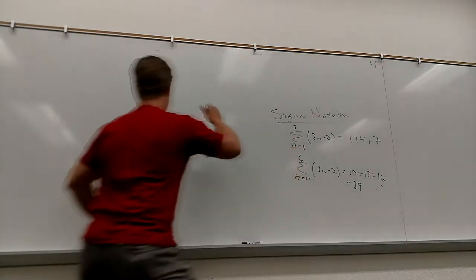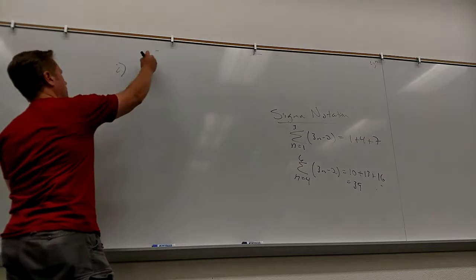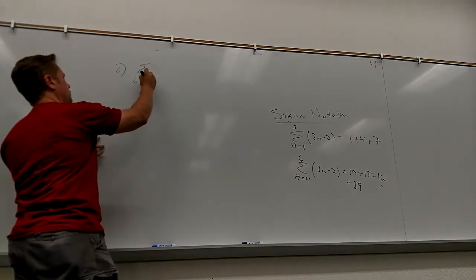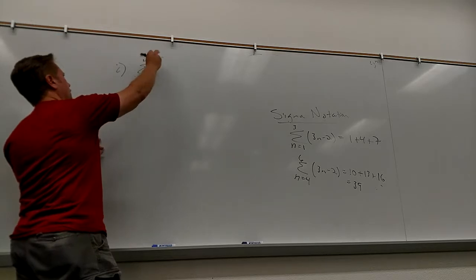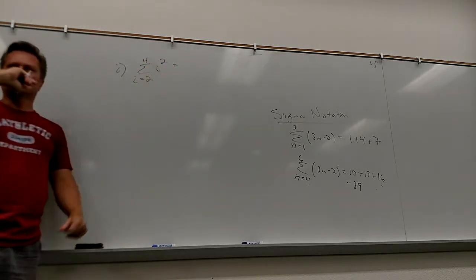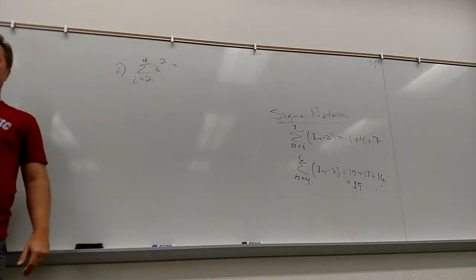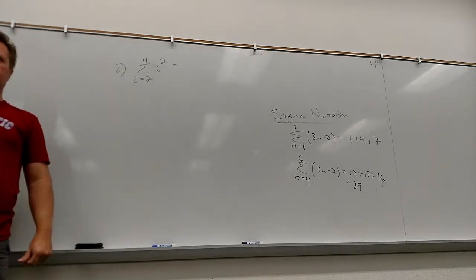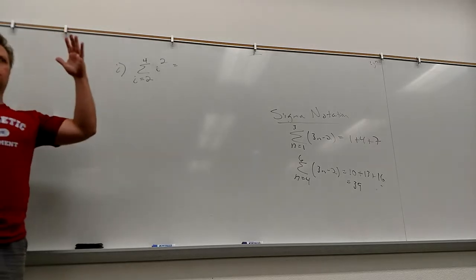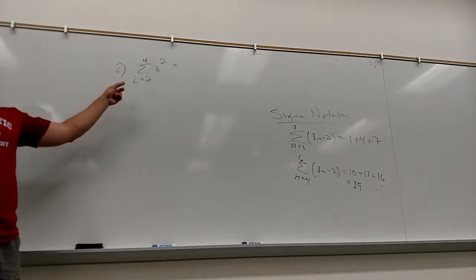Okay, I like it. So before we get to anything specific with arithmetic and geometric, let's just try some of these. What about this here? We use a different letter even. The sum from i equals 2 to 4 of i squared. So what are you going to let i be? i is going to be 2, and then 3, and then 4.